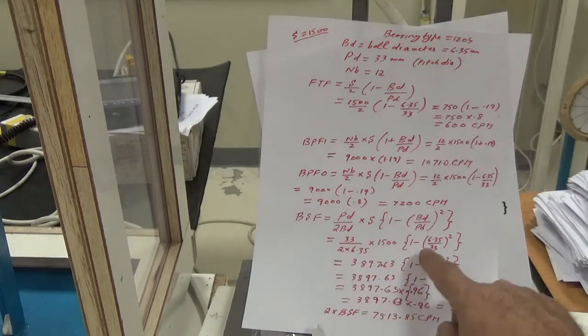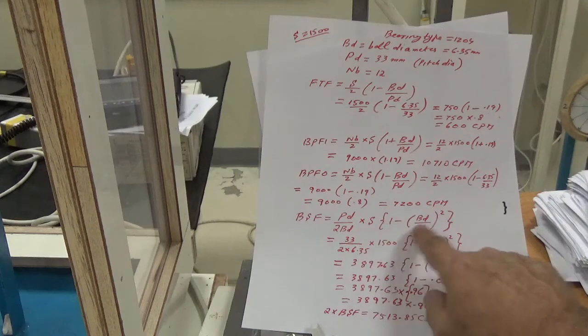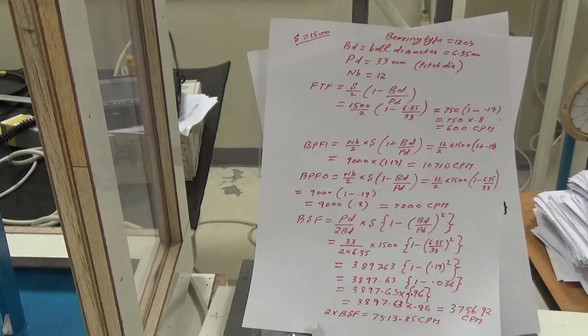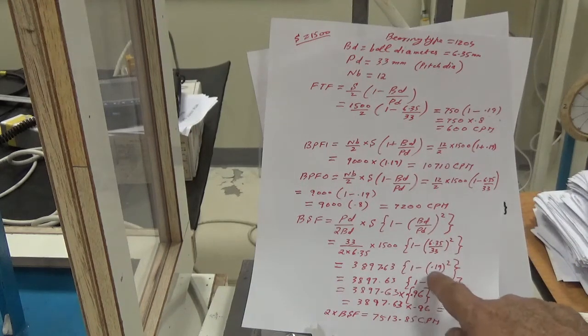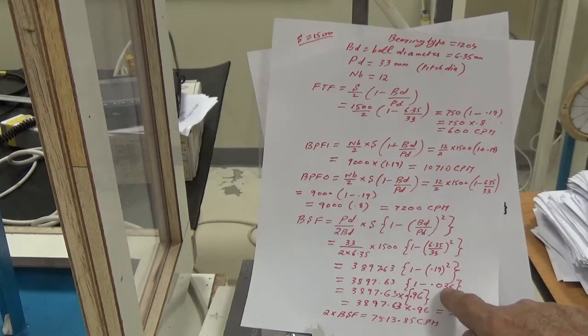Again ball spin frequency. Here you have to solve this bracket first, BD over PD squared. You put the values here, 6.35 divided by 33. It is coming 0.19, then you make it square. It will become 0.036.